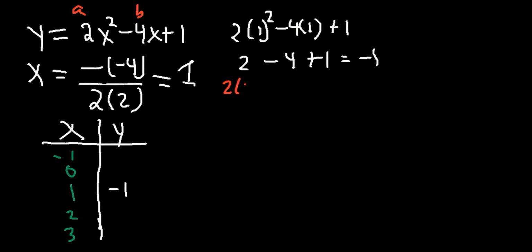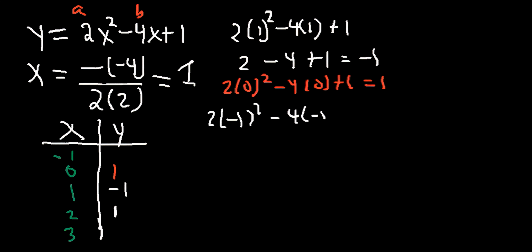So 2 times 0 squared minus 4 times 0 plus 1 is 1. The next point we're going to plug in is -1. This is also going to be 1, by the way. So -1 squared is 1 times 2. -4 times -1 is 4. So we're going to get 7 for this point, which means this one is also going to be 7.